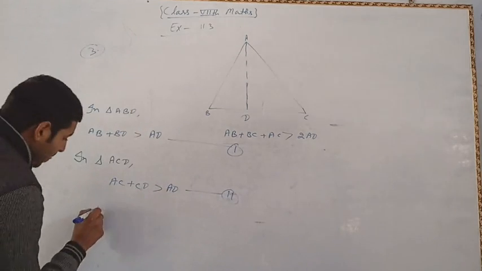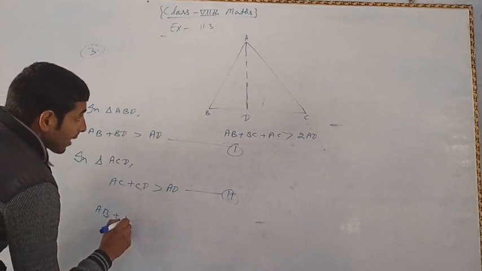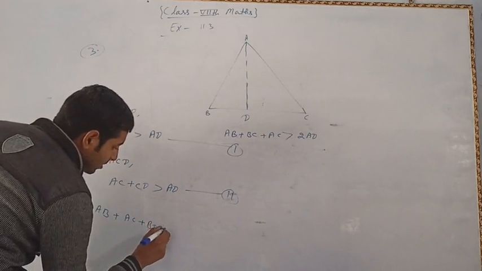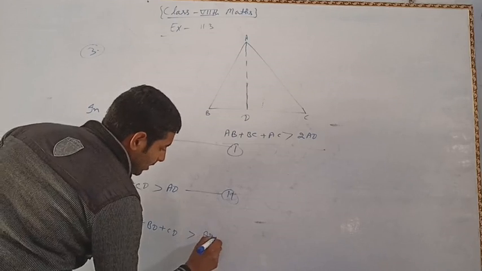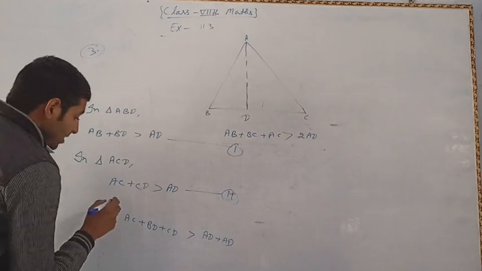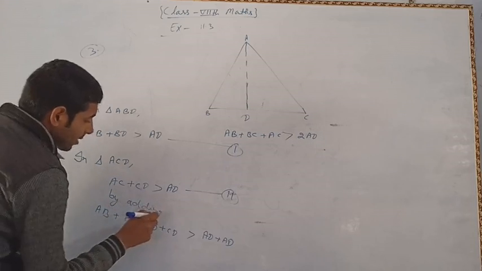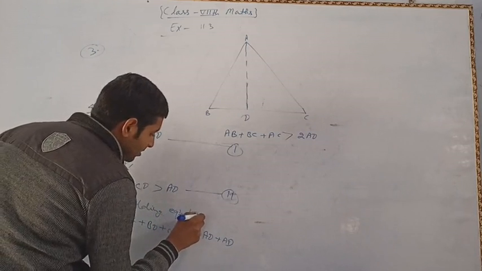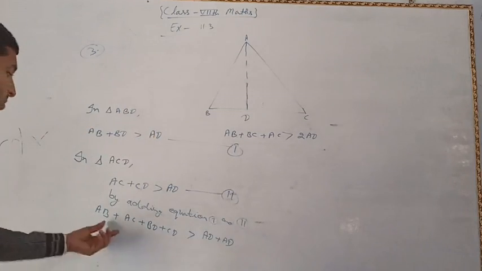From here we find AB plus AC plus BD plus CD is greater than AD plus AD. How do we find this? By adding equation first and second.